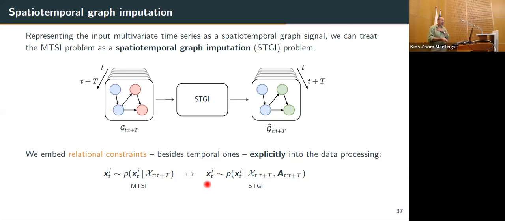We want to infer the missing data or the next data. So the problem is different. We take into account explicitly the adjacency matrix, and we want to use that to improve the estimate.